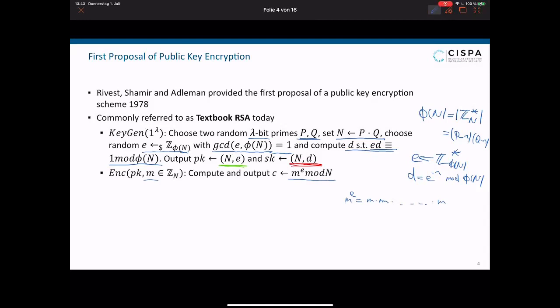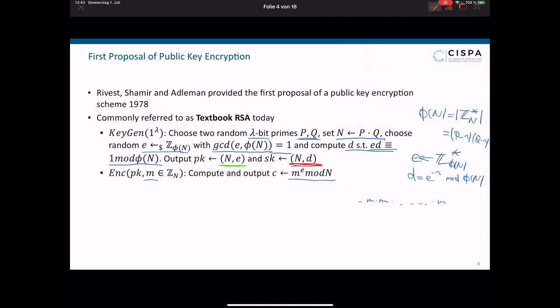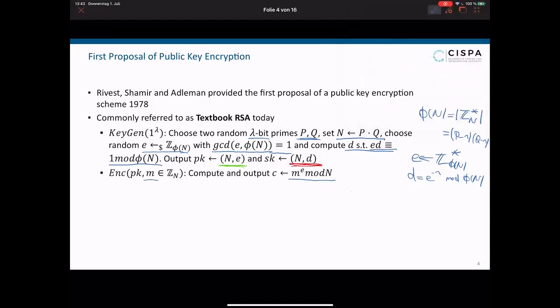This takes exponential time. Someone in the chat already wrote the answer, and that's correct. We do that with square and multiply. I guess you've all seen that in your algorithms courses. We compute actually any exponentiation in cryptography via square and multiply.